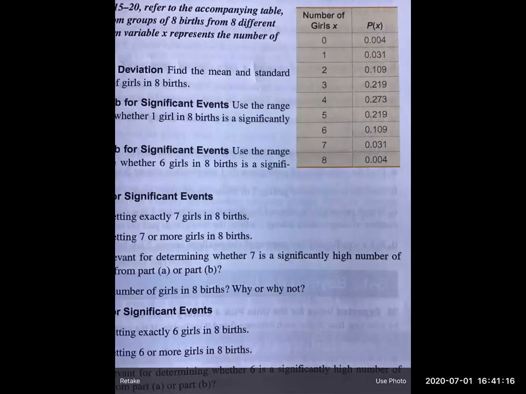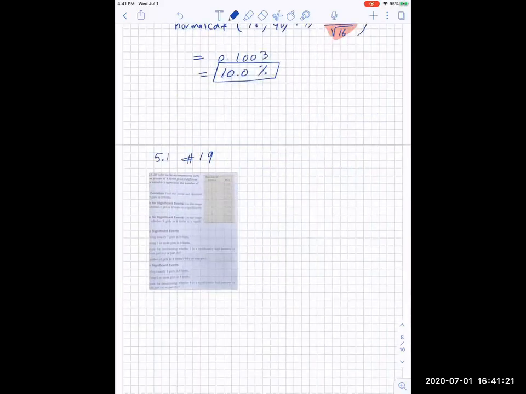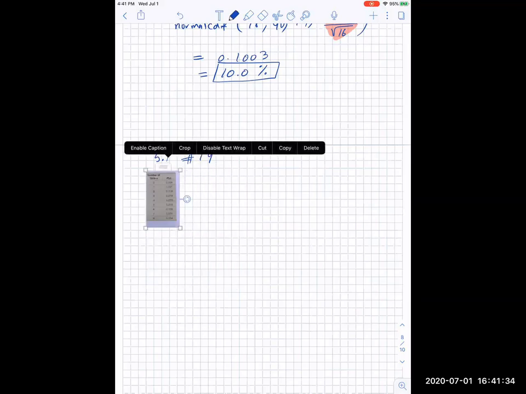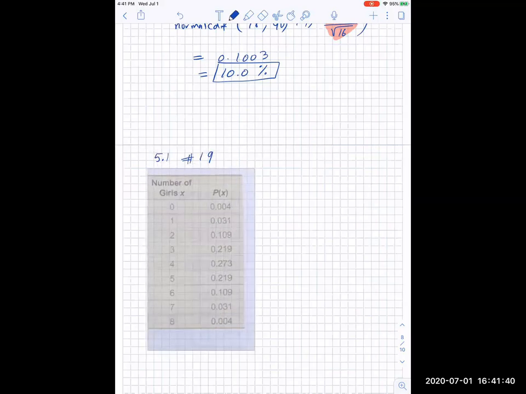So number 19, we're going to be referring to this table. This table describes results from groups of 8 births from 8 different sets of parents.